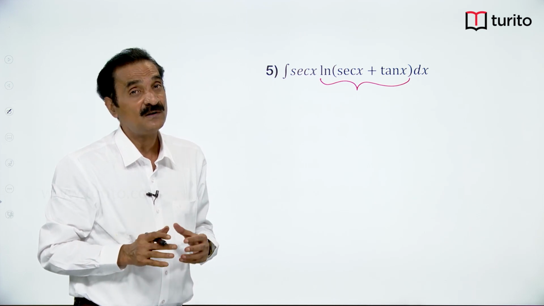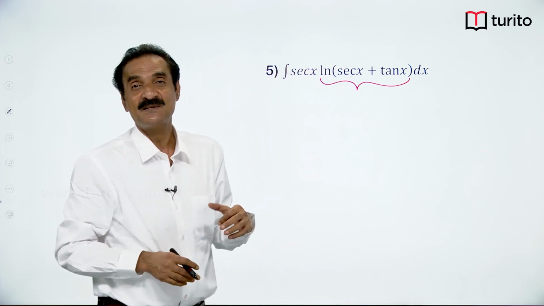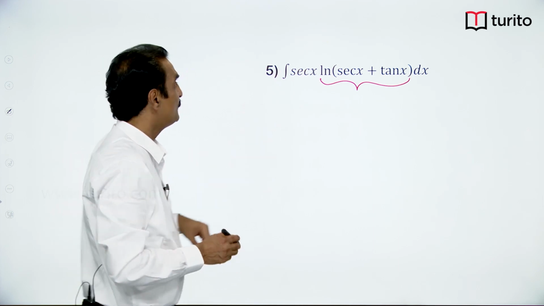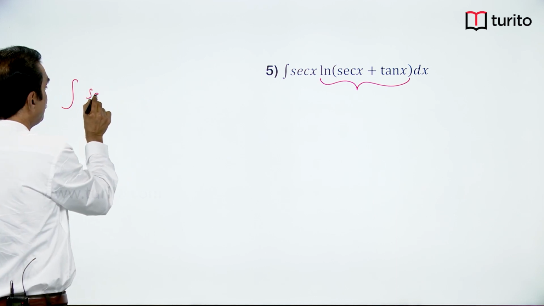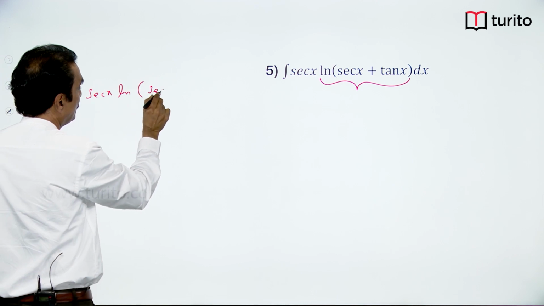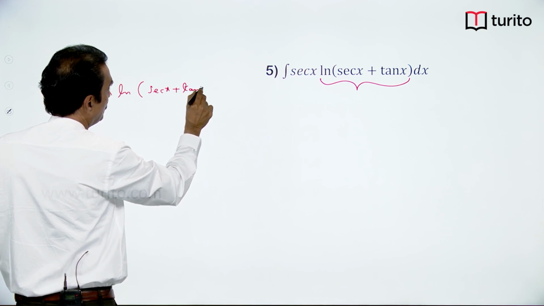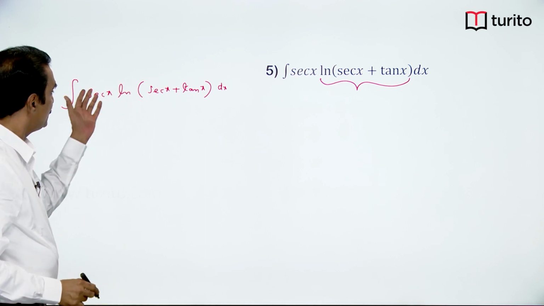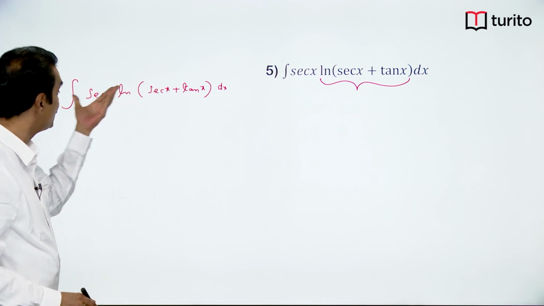Integral secant x is ln secant x plus tan x. So, derivative of ln secant x plus tan x will be secant x, is it not?